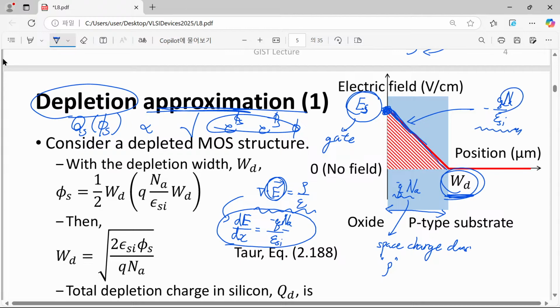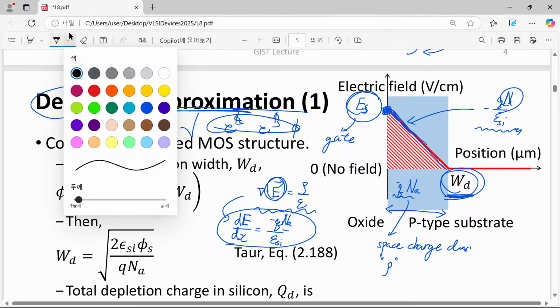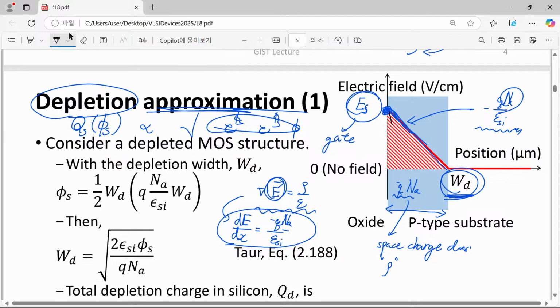When you have high doping density, then please try to estimate its shape. If you have a high doping density, then it will behave this way. If you have low doping density, then this would be the behavior of your electric field. Anyway, now we have a given decreasing slope, and let's say this is WD.